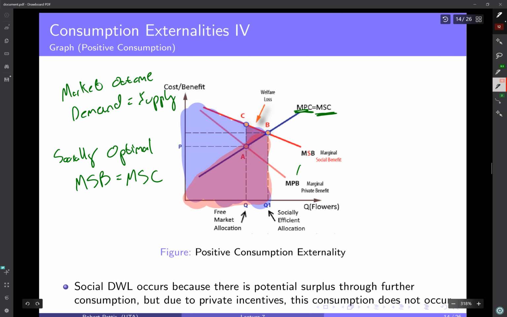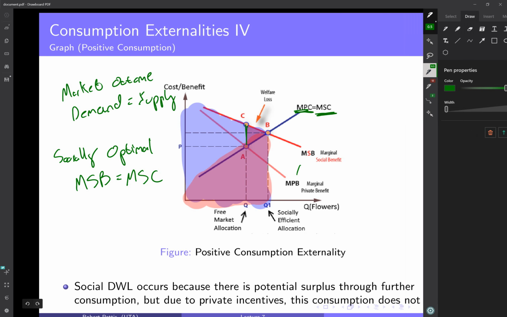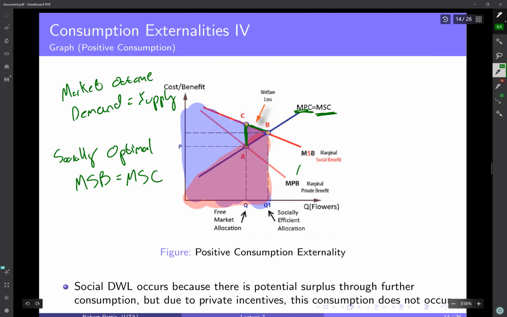Okay. All right, so it turns out that there's an area right here where social benefit is not being outweighed by social cost. And the problem is that we're here, not here.